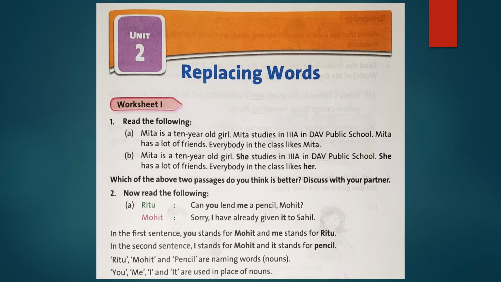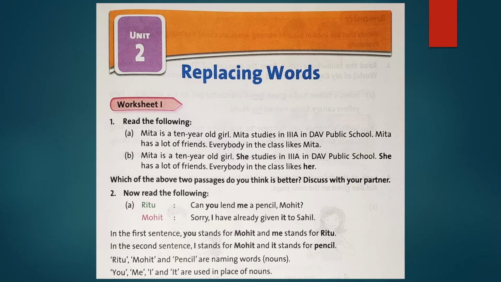So they are also replacing words. In the second sentence, I stands for Mohit. Sorry, I have already given it to Sahil: I means Mohit. Instead of Mohit, I is written, and it stands for pencil. So here you, me, I, it are all replacing words.